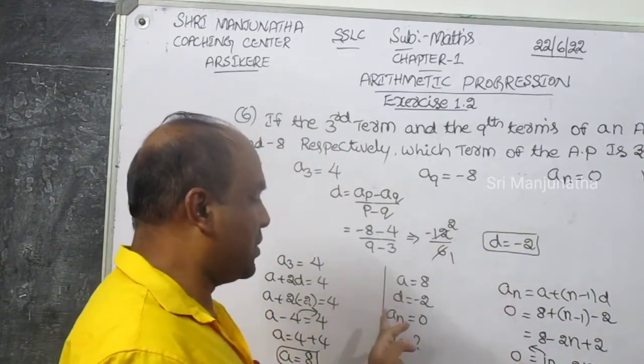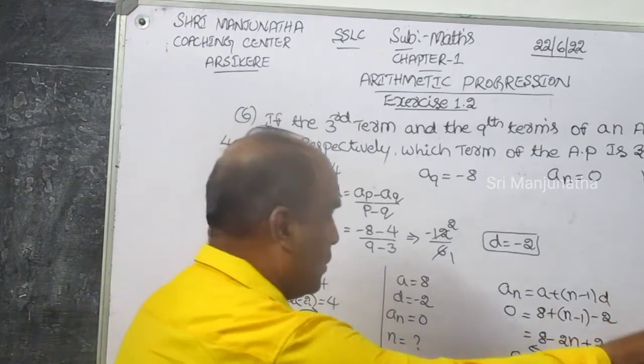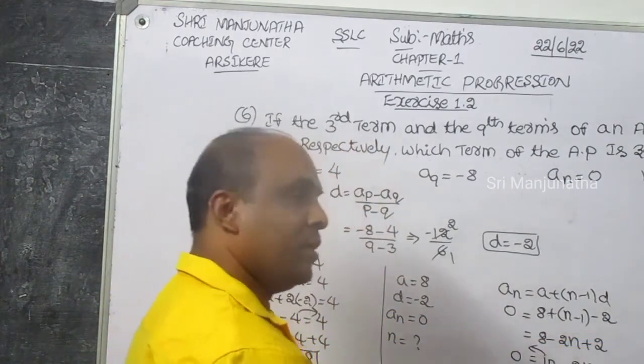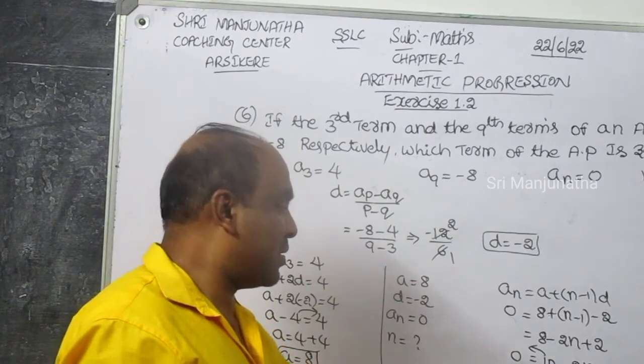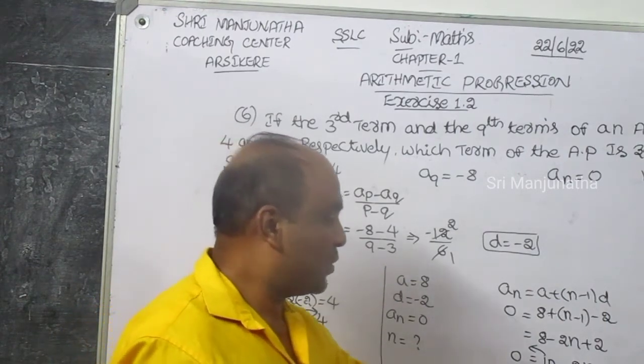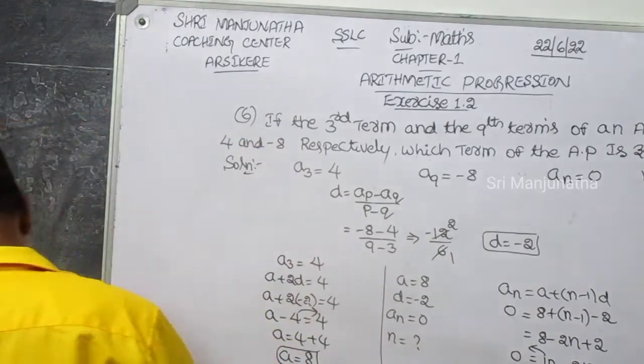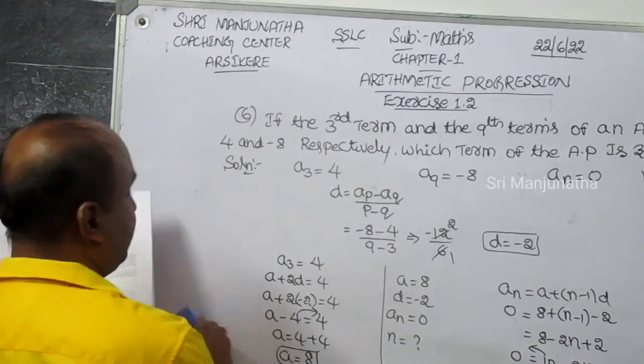Plus 10 comes to this side, minus 10 equals minus 2n. Minus 2 goes to the denominator, minus 10 divided by minus 2, 2 ones are 2, 2 fives are 10, n is equal to 5. Okay. Next.